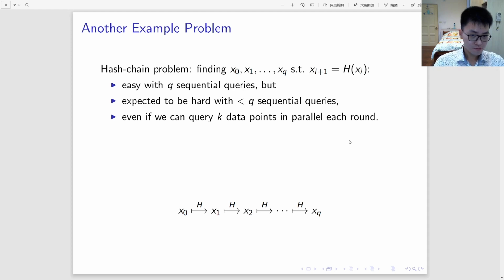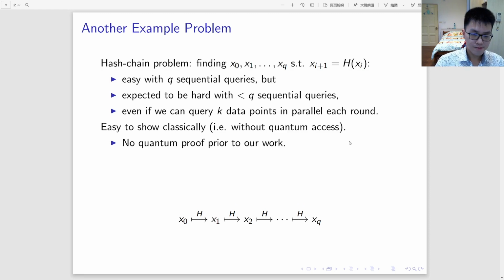However, it is expected to be hard if the number of queries is less than Q. Even if we are given parallel access to the random oracle, because the data points are non-adaptive, it should also be hard. Showing the hardness of the hash Q-chain problem is easy in the classical setting. However, there hasn't been any quantum proof, at least prior to our work.